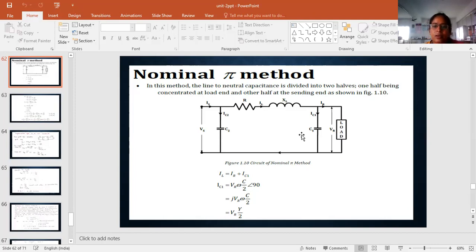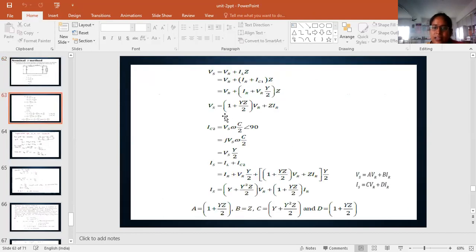In this we derive the expression for the currents IL and IC1, and then by using IL in the Vs expression, Vs equal to VR plus IL into Z, we substitute the value of IL. By using the Vs value, we can find the current Is equal to IL plus IC2, and substituting the values of IL and IC2 we get the value for Is. This is the same derivation done in all the methods: nominal T method and nominal pi method.